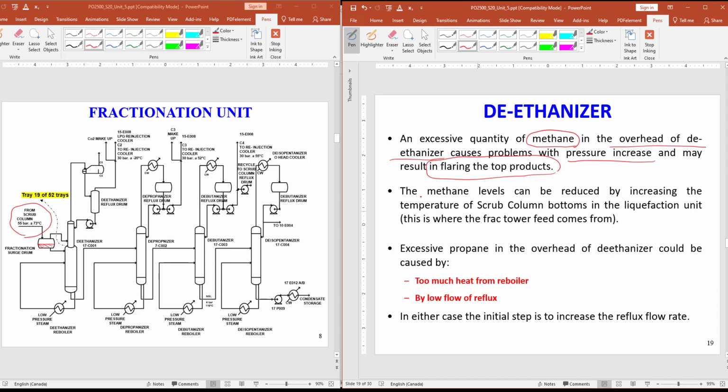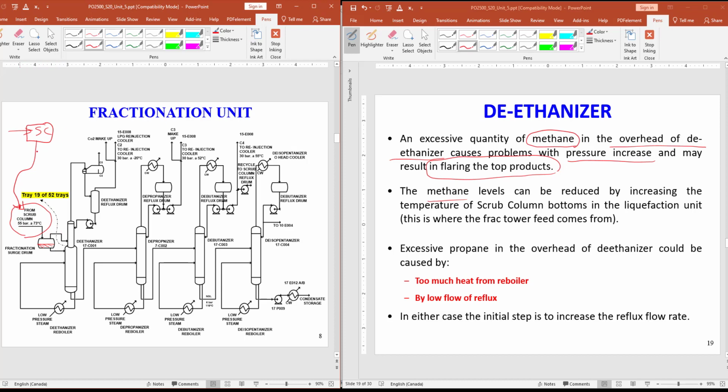So how can we adjust it? The feed to the de-ethanizer is coming from the bottom of a scrub column, right? This is our scrub column. The bottom is going to the de-ethanizer.